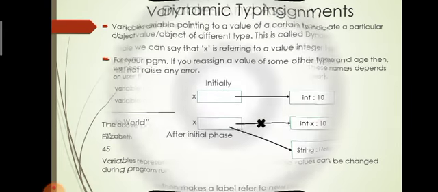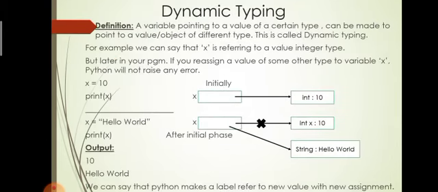Okay, coming to the next slide, that is dynamic typing. So what is dynamic typing? A variable pointing to a value of a certain type can be made to point to a value or object of a different type. This is known as dynamic typing. For example, if x is referring to a value of integer type, and later in the program you assign x a string, then it won't raise any error.